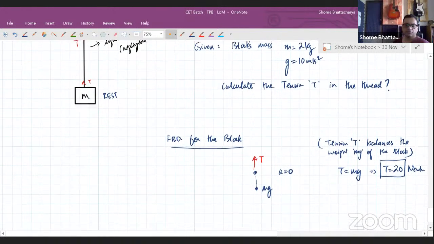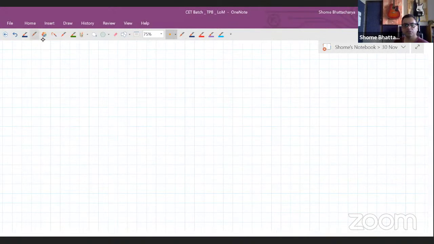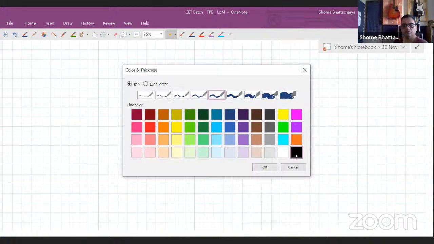Okay, so next up, let's look at a slightly more complicated version of this earlier example.